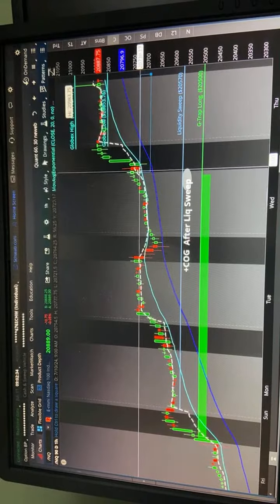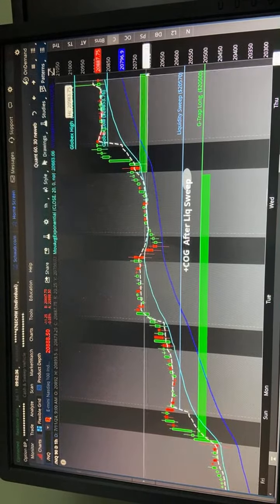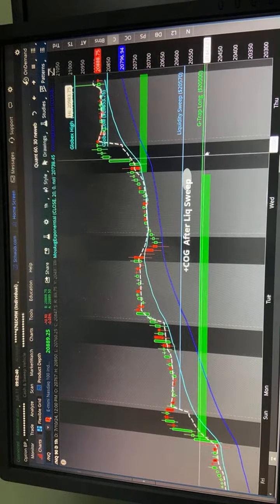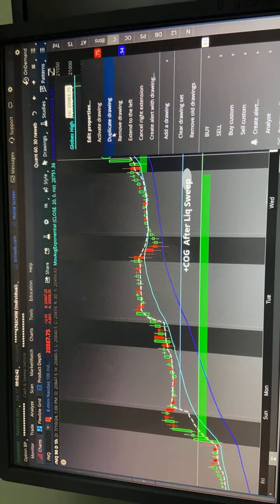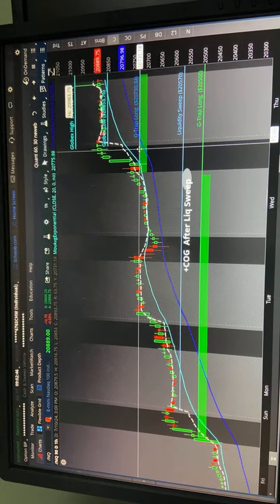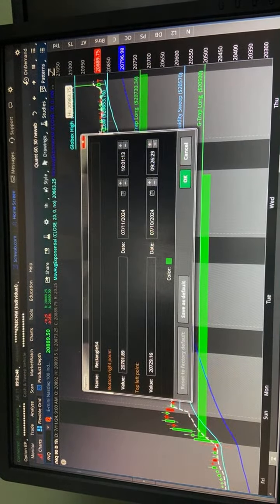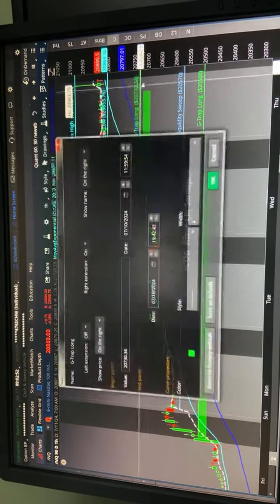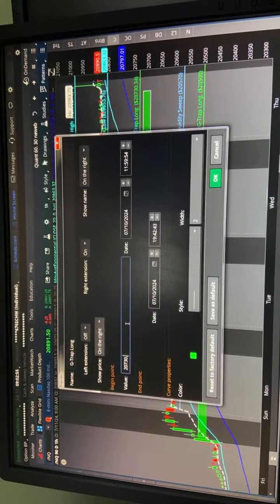So I'll mark off this price here. We got 20,730. I'll just save a couple of seconds here, copy and paste this line, bring that up here. All right, 20,730. While I'm just marking these numbers out, I'm not even going to look for supply.